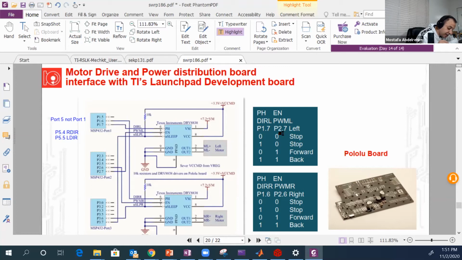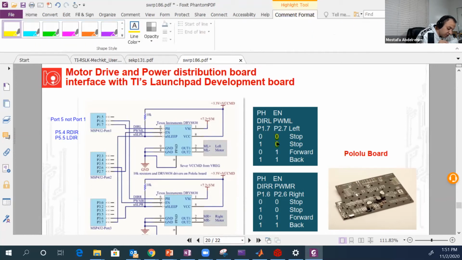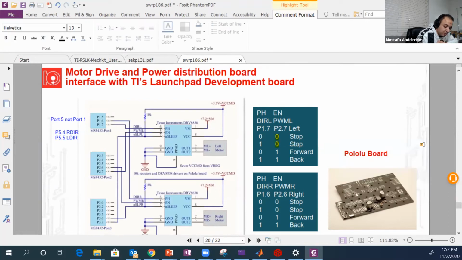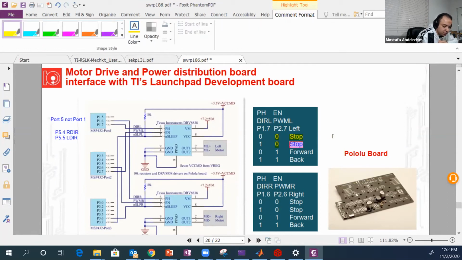If you have 0 on the enable, this means the lowest speed or the minimum speed, which is 0, so it will not run. It's like a stop, whatever the direction is.